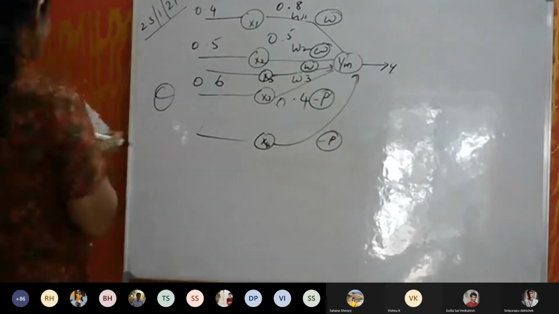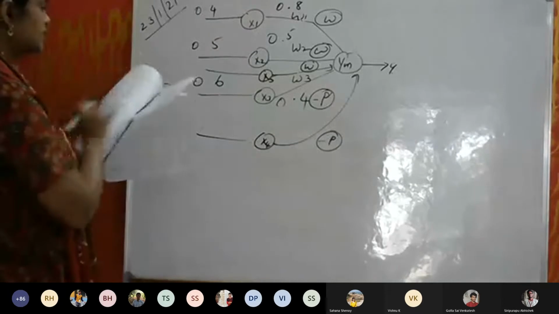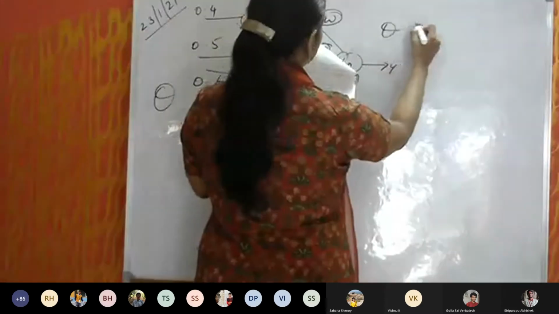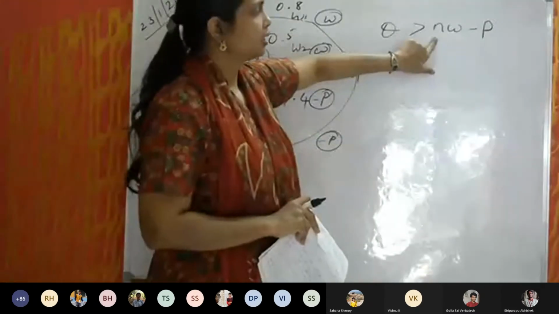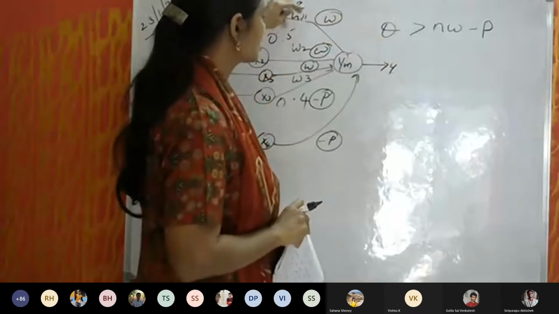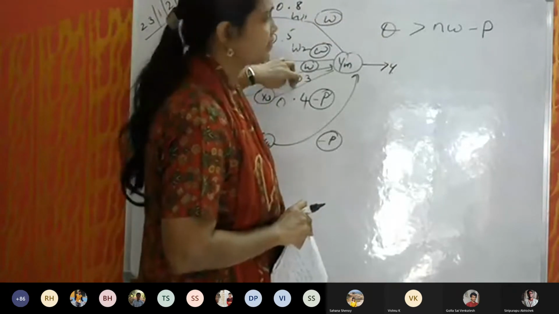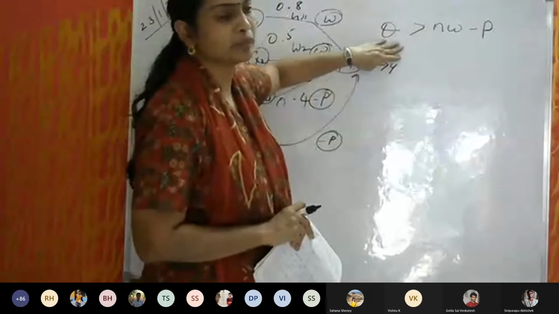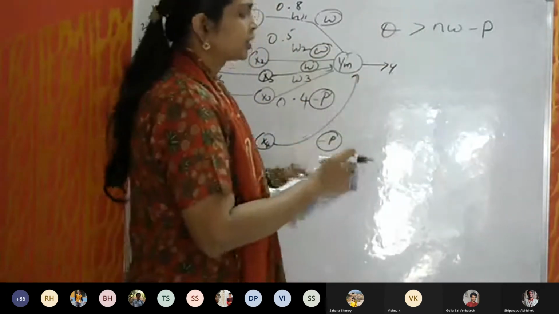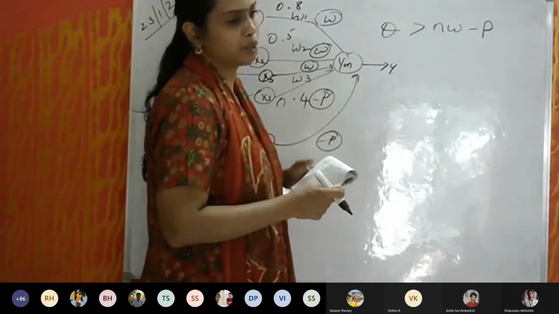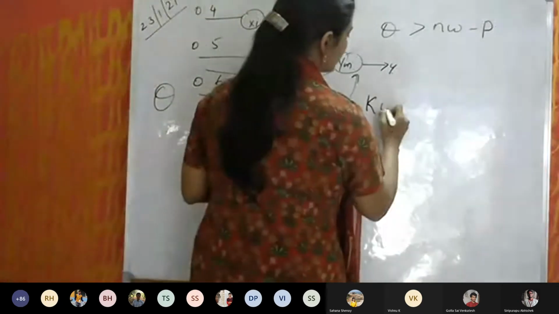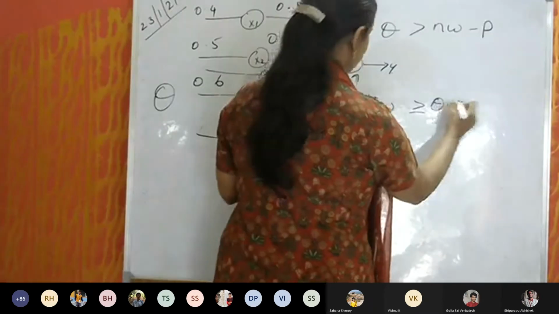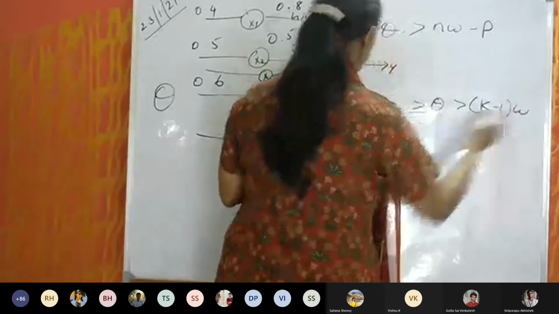So in the MP neuron model, we write it like this: the threshold theta should be greater than NW minus P. That means the number of weights with positive values minus P. Only then, for the model to fire with a positive response, we should have Kw greater than or equal to theta greater than K minus 1 into W.